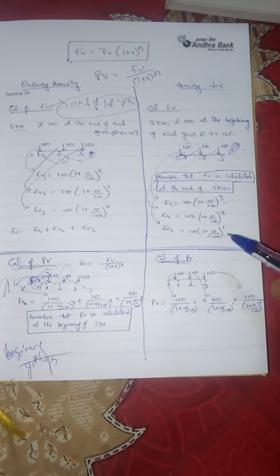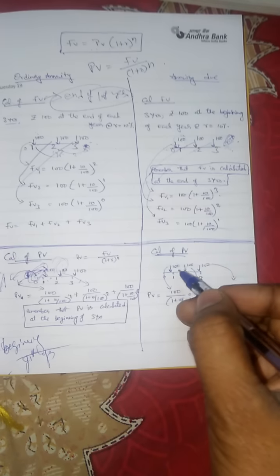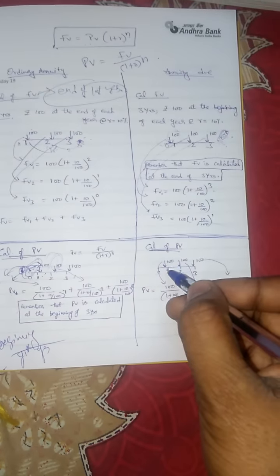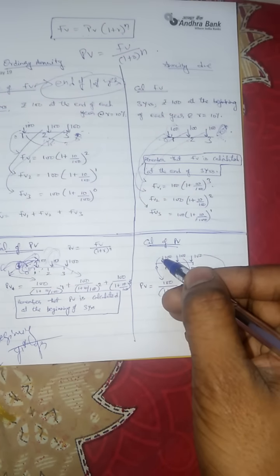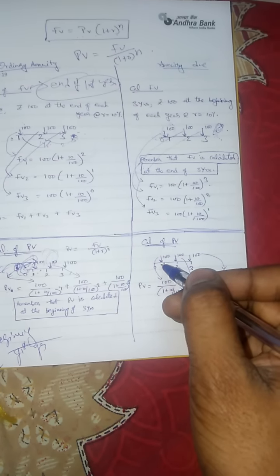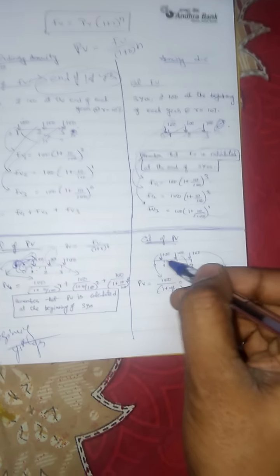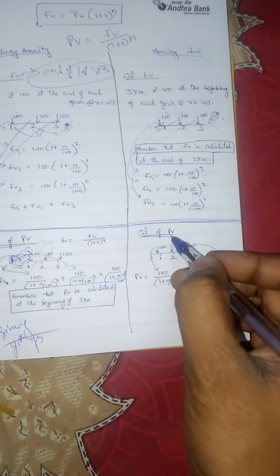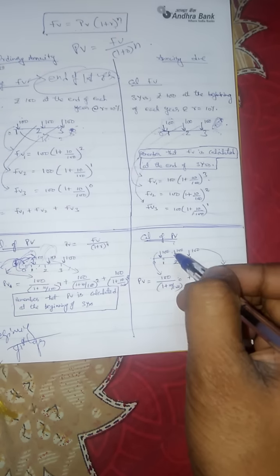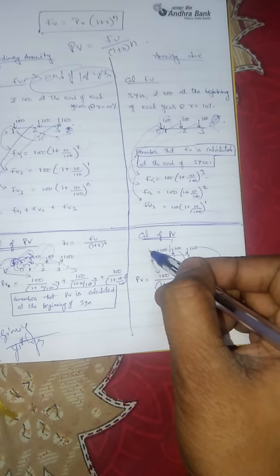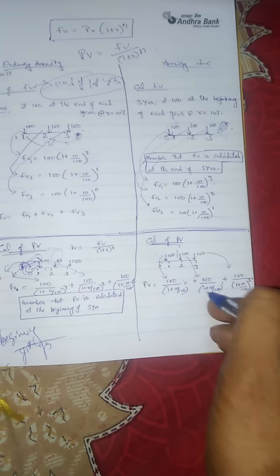Similarly, for annuity due, if I am calculating the present value, the first installment is being received at the beginning of the first year, and I am calculating the present value at the beginning of the year. So this will be held for a period of 0 time. So it is 0, then this will be held for a period of 1 year, that is beginning of the second year to beginning of the first year, 1 year.